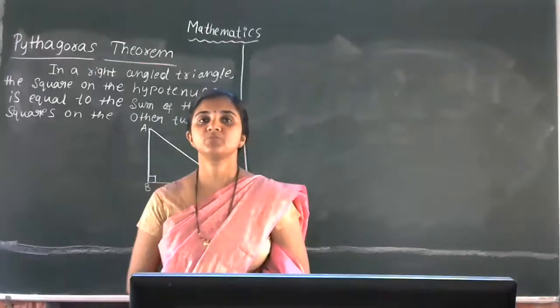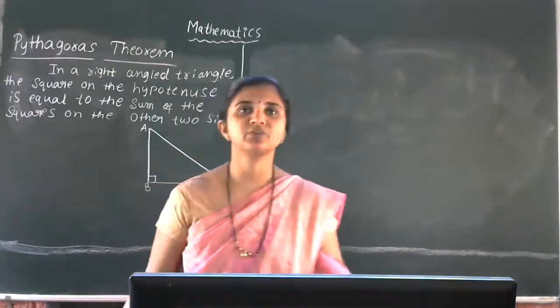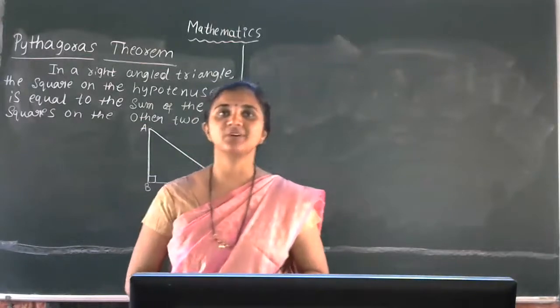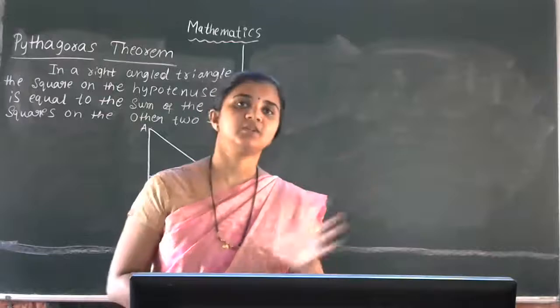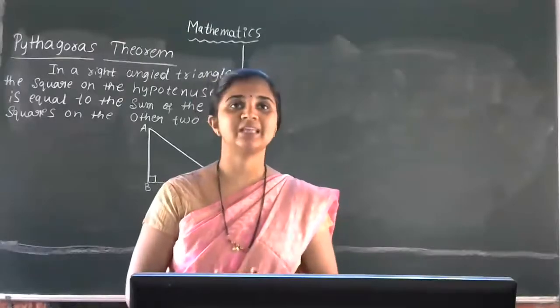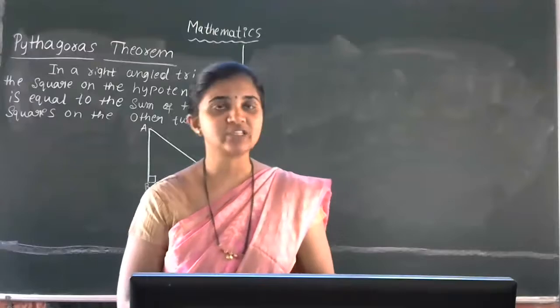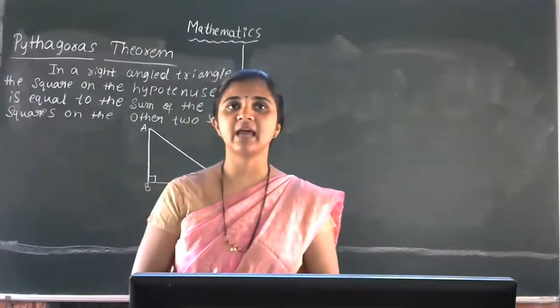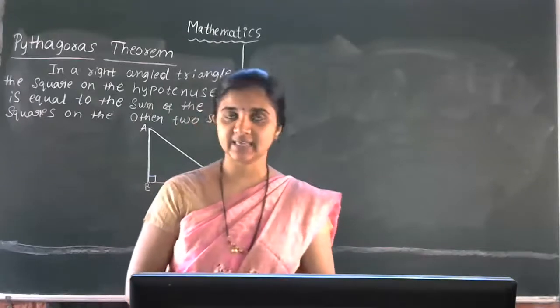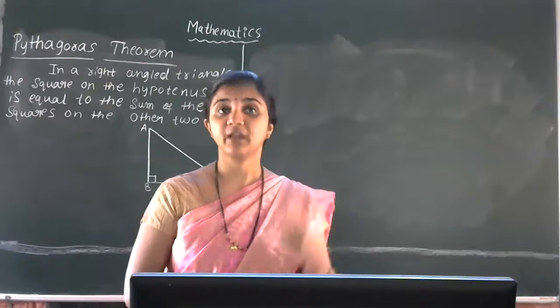AC side. This AC side is called the hypotenuse. And this AB and BC are the other two sides. According to the definition, the hypotenuse side, that is AC square, is equal to the sum of the squares of the other two sides, that is AB square plus BC square. So this is our to prove part. This is the statement of the Pythagoras theorem.